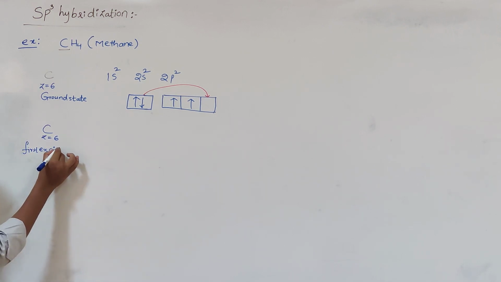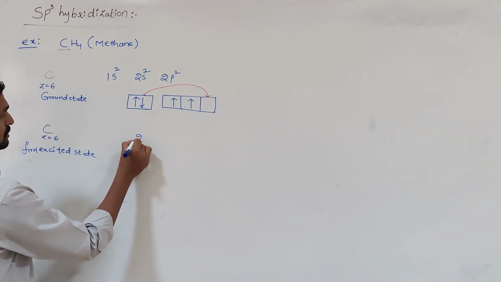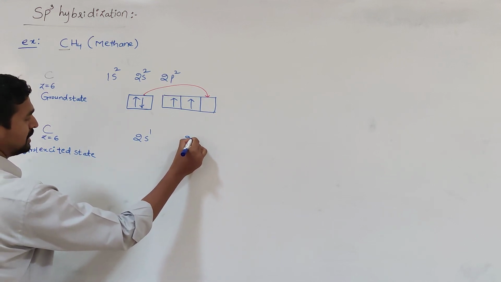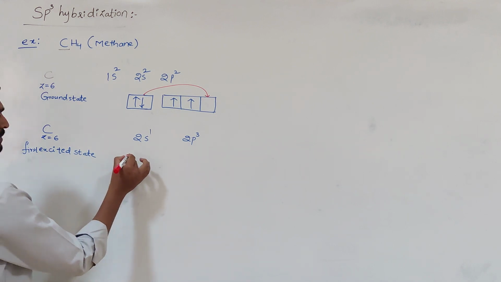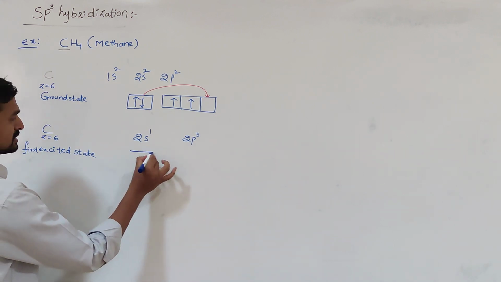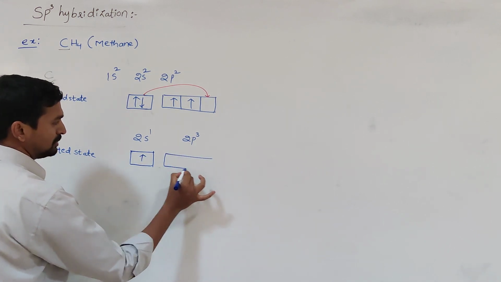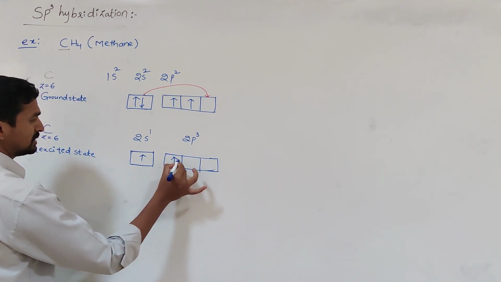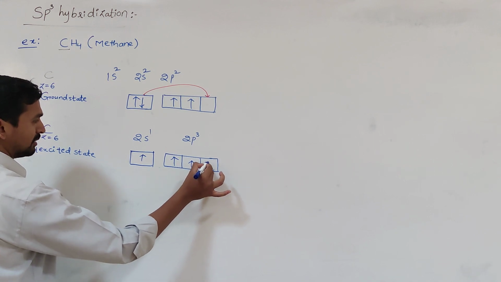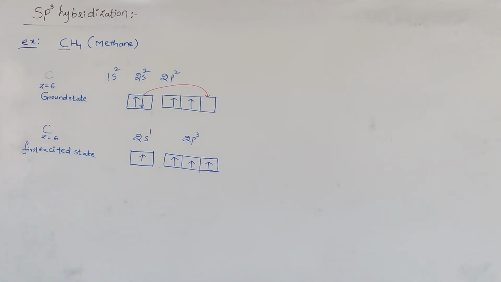The first excited state electronic configuration is 2s1, 2p3, that is 2px1, 2py1, 2pz1. In the 2s orbital, only 1 electron is left. One of the 2s electrons is promoted to the 2p orbital so that each orbital is filled with 1 electron. The first excited state electronic configuration of carbon can explain the tetravalency of carbon.